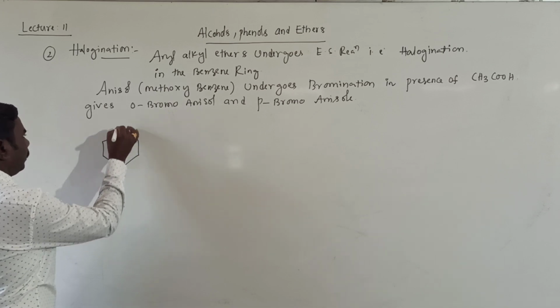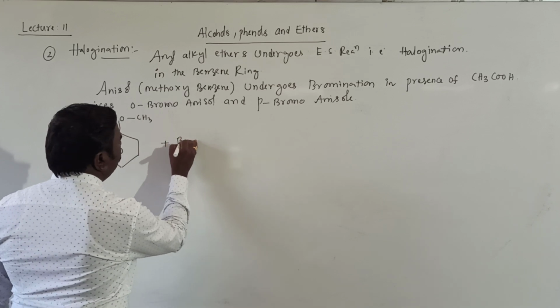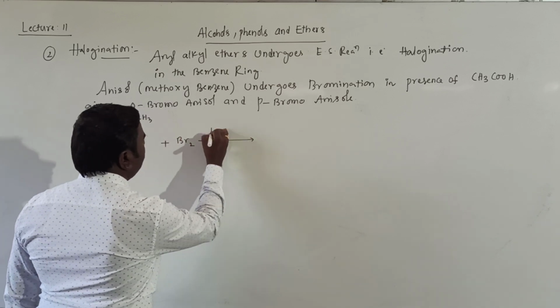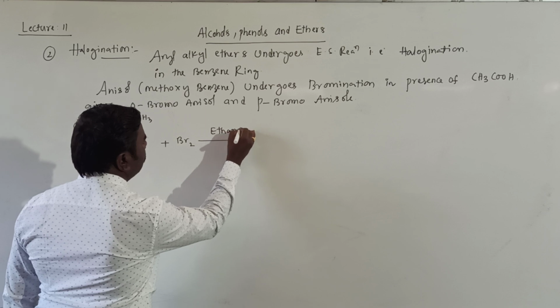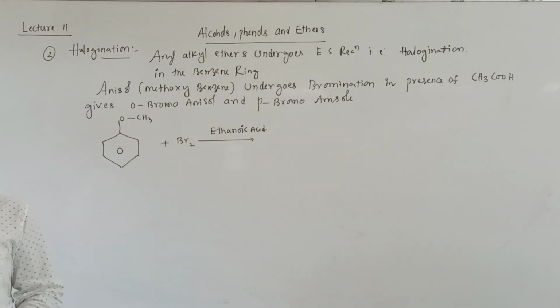Methoxybenzene, OCH3, undergoes bromination in the presence of ethanoic acid, that means acetic acid.